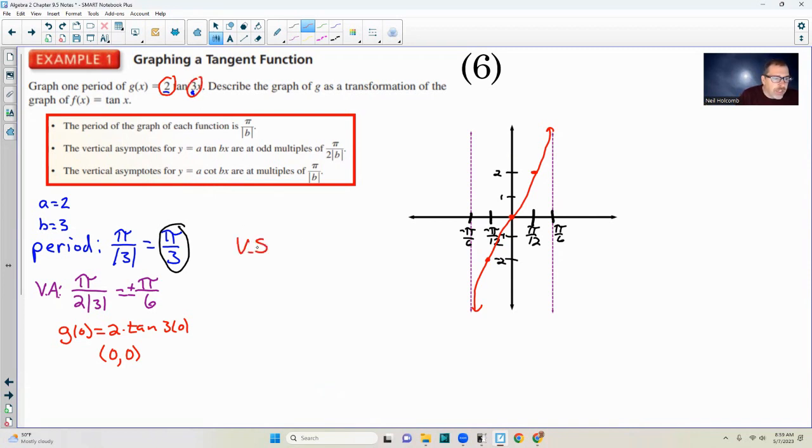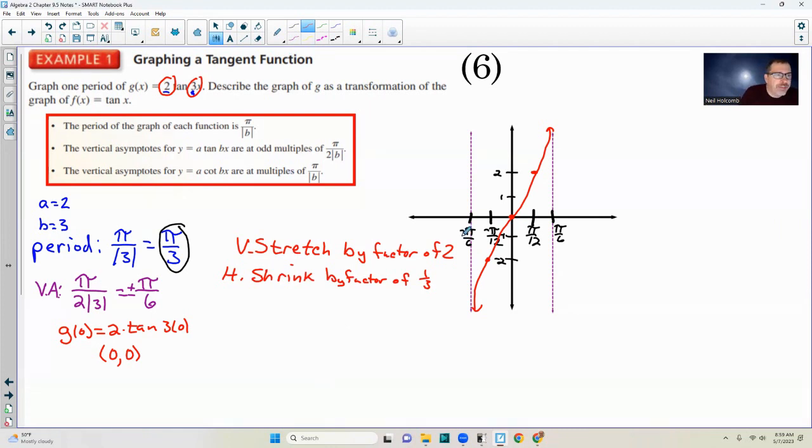So vertical stretch by a factor of 2 and a horizontal shrink by a factor of 1/3. Okay, vertical stretch by a factor of 2, horizontal shrink by a factor of 1/3.